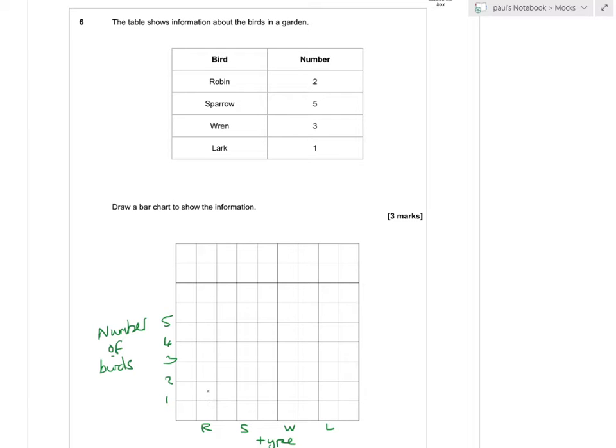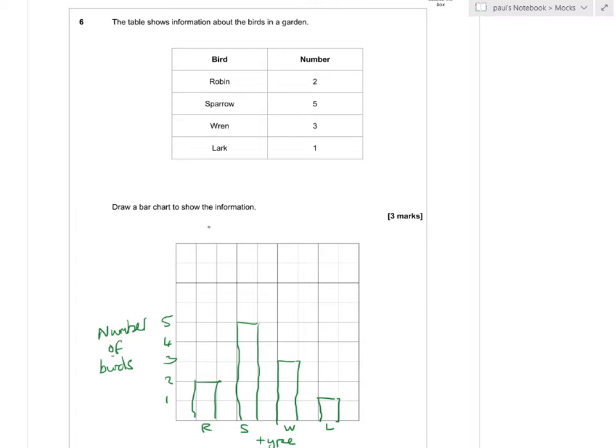Bar chart, how many robins? 2 robins. Sparrows, there were 5 sparrows. You do this neater with a pen, wouldn't you? A pencil and a ruler. Trying to get a straight line on the tablet's not easy. And a lark only had 1. So there's a bar chart.